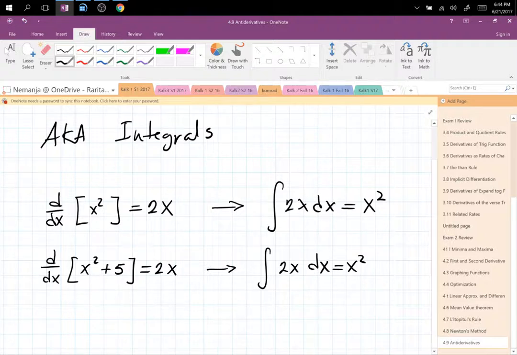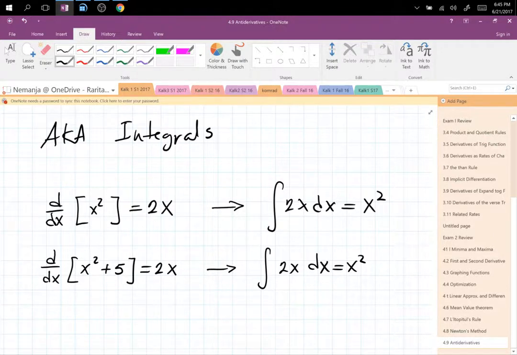So we immediately see an issue here: if we reverse the mathematical operator and try to discover the original function, you will see that it cannot detect that there was a plus 5 there, because the derivative destroys that information.